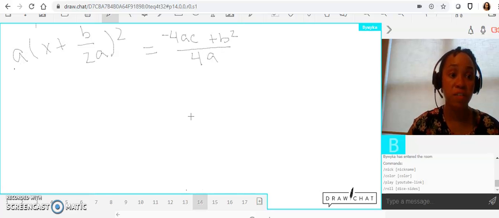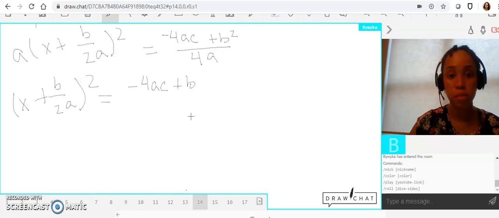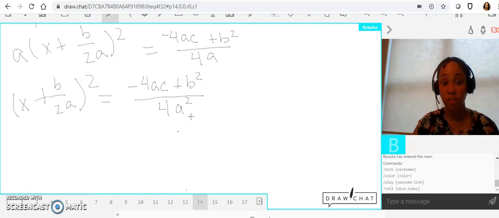So I need to divide everything by a. So divide this side by a and divide this side by a. So when I do that, I get (x plus b over 2a) squared equals (negative 4ac plus b squared) all over 4a squared, because I divided by that a. So that a comes in the denominator, and a times a gives me a squared.